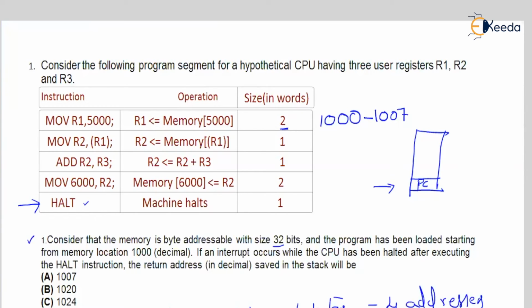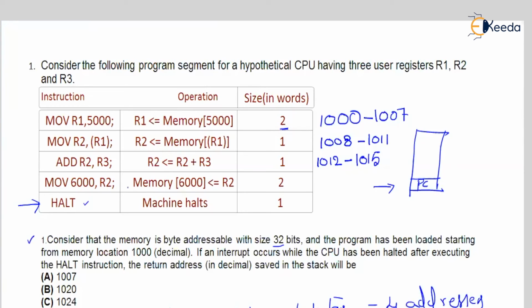And the second instruction offset is 1008. The second instruction is a one word instruction. So all it takes is just 4 addresses, 1008 to 1011. And the third instruction will start from 1012. It is also a one word instruction. So it will take 4 addresses, 1012 to 1015, that is 1012, 13, 14, 15.